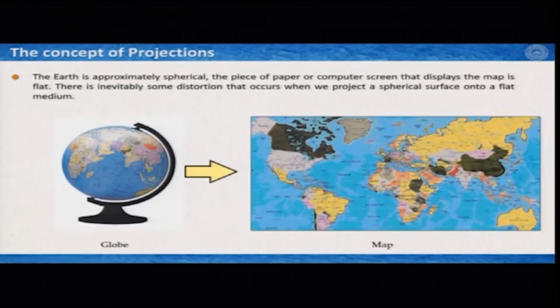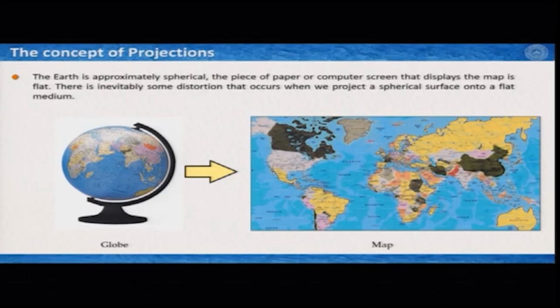Now, before we go to the actual topic of stereographic projections, let us have some ideas of what a projection is. Imagine a globe that we have all seen, and you have also seen the world map, which we see on our computer screen or a piece of paper, which is flat, and what we see in a sphere is not flat.